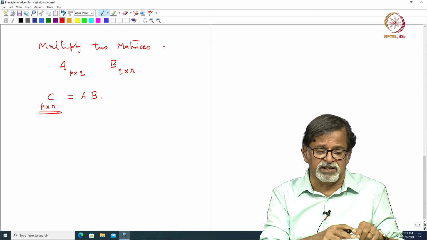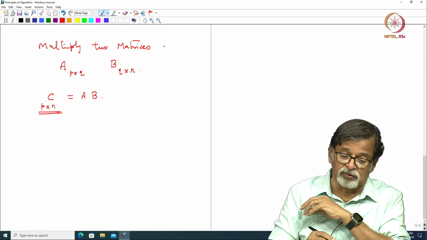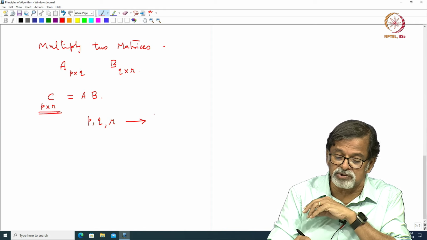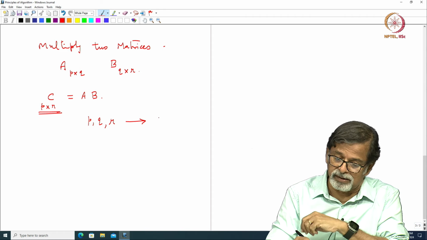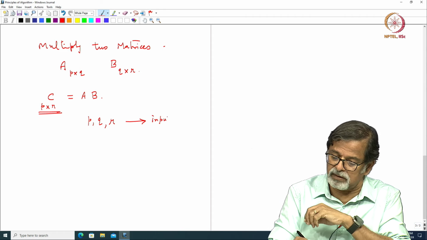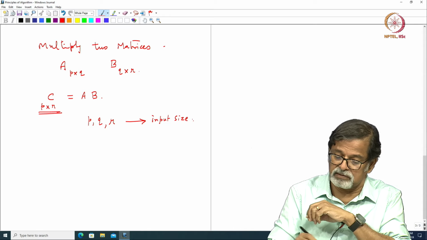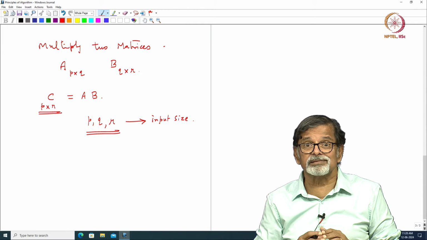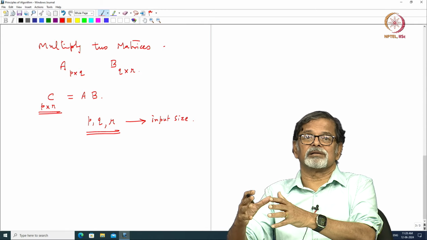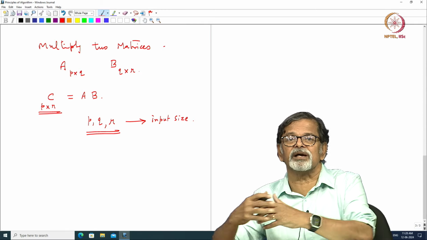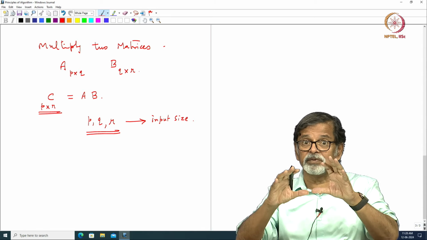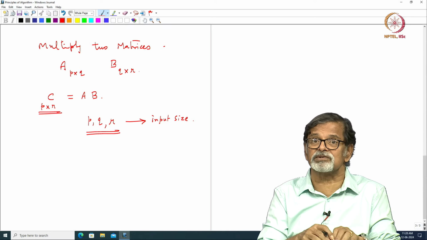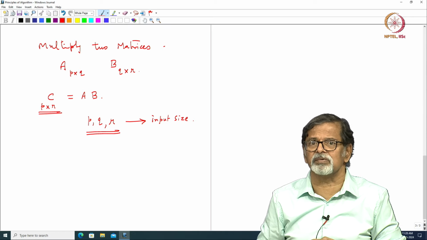That is specified by the values of P, Q and R. Therefore, the parameters P, Q and R are used to model the concept of input size. Variations in P, Q and R would model the scale at which we are working. That is, the problem of scale is addressed by the values of these 3 variables for the matrix multiplication problem.